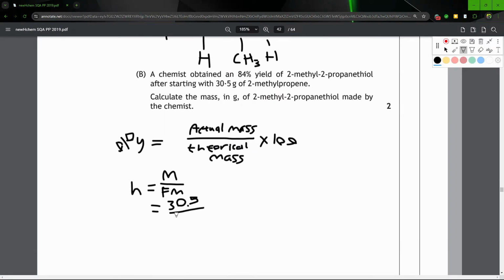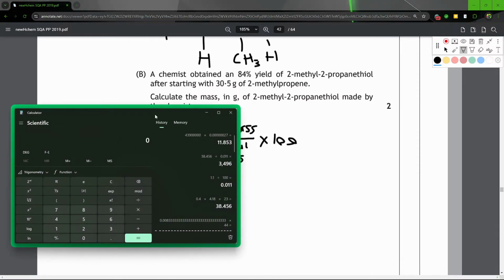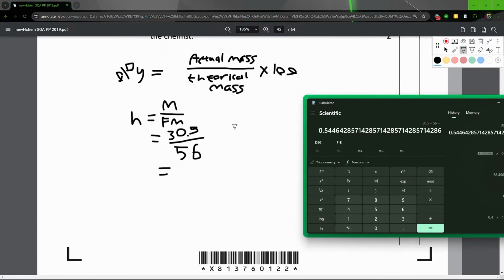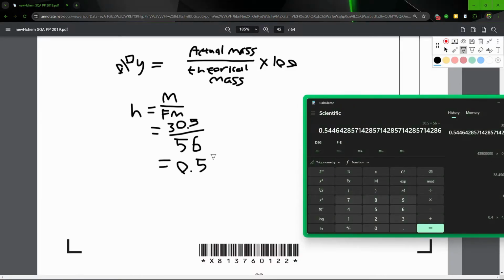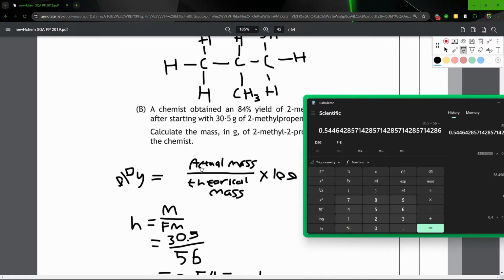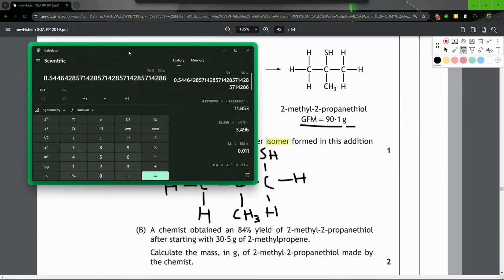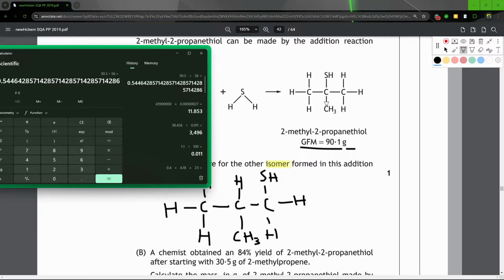The formula mass is 56. So that gave us 0.545 moles. Cool. So that's how many moles of this we have, and notice in this equation the molar ratio is 1:1, so it's going to be the same number of moles. And then we're just going to calculate how much mass they got out of this one.